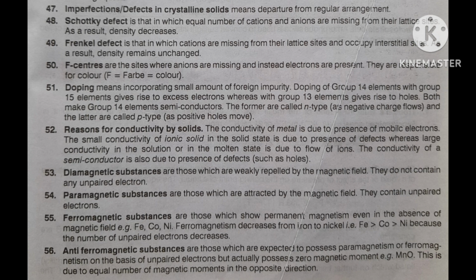Now Frenkel defect. What is this? Frenkel defect is that in which cations are missing from their lattice sites and occupy interstitial sites. As a result, density remains unchanged. No change in density. Why?